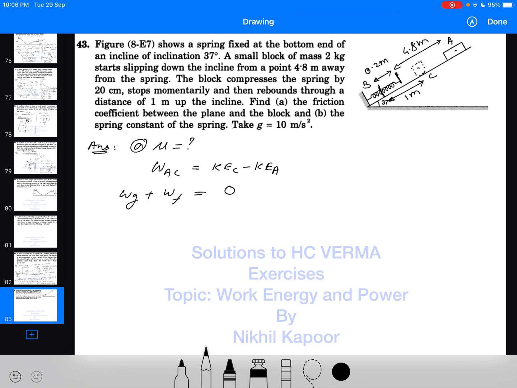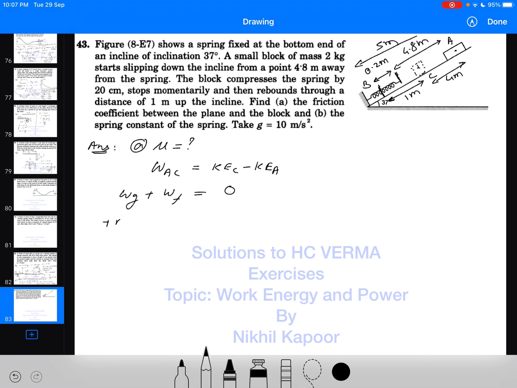So on the right hand side it would be 0. As work done by gravity does not depend on the path, here I only need the shortest distance between these two positions. So it would be 4.8 plus 0.2, which is 5 meters, and 5 meters minus 1 meter would remain, that would be 4 meters.